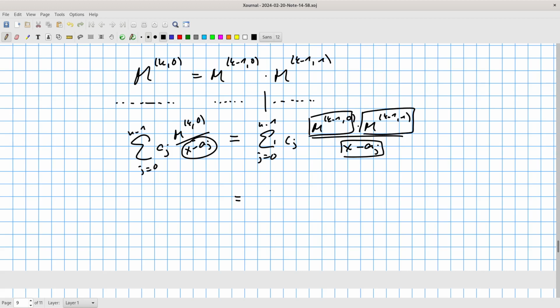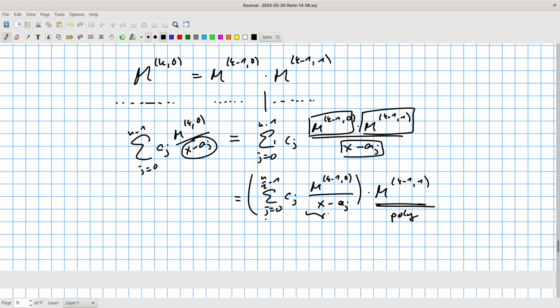So I can say that this is the sum j from 0 to n/2 minus 1 c_j, and then m_{k-1,0} divided by x minus a_j times m_{k-1,1}, and I can take this out because it doesn't depend on j anymore, and it's a polynomial. This is also a polynomial because this denominator is contained in this small m.